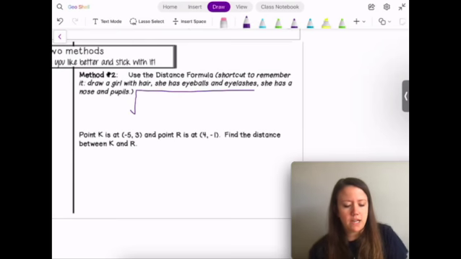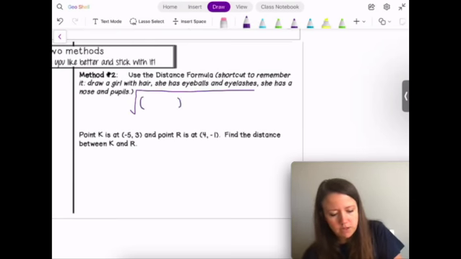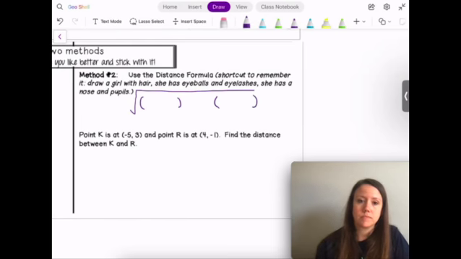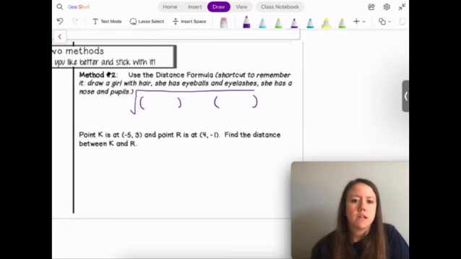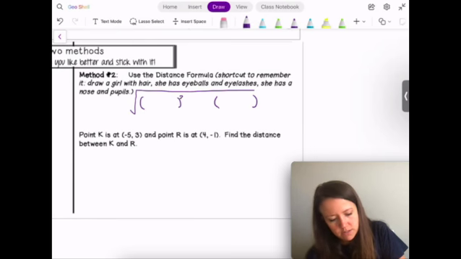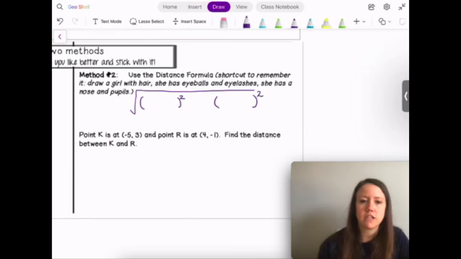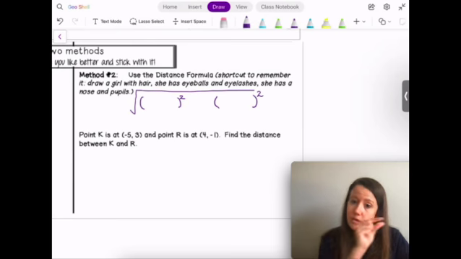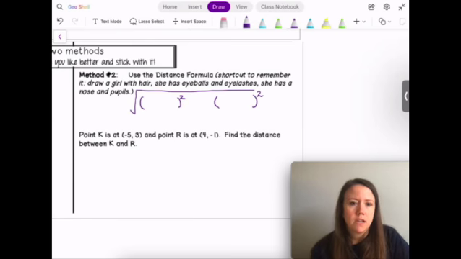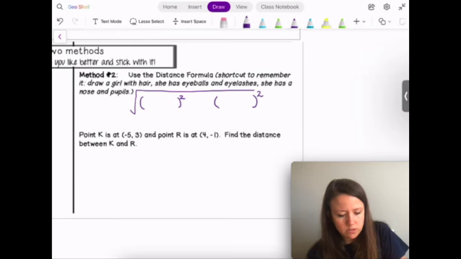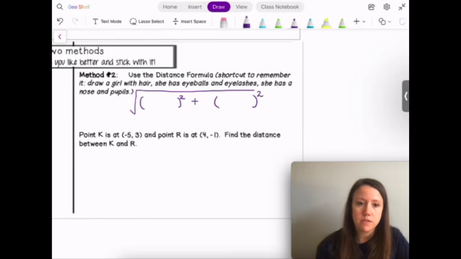You got to use your imagination a little bit here. Okay? She has eyeballs. That's going to be our 2 sets of parentheses, because we have 2 eyes, right? She has eyelashes. Our eyelashes are actually going to be the exponent 2, so squared. She has a nose, so we're going to use a plus sign for her nose.